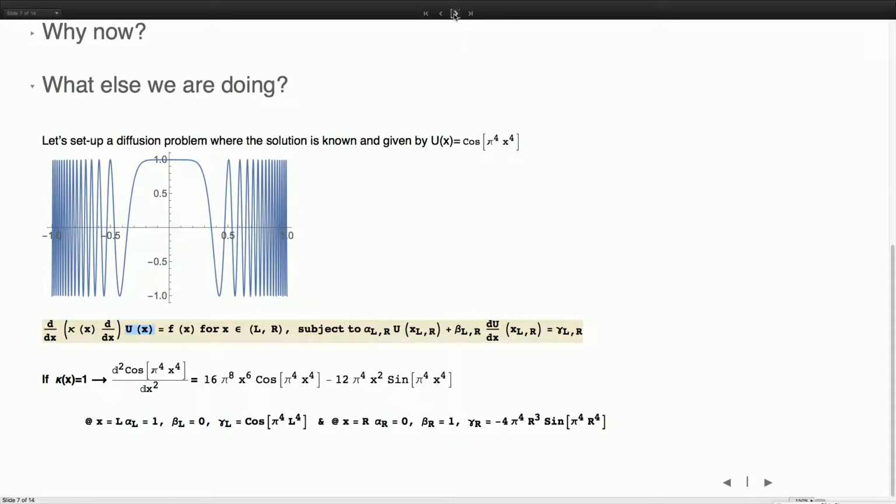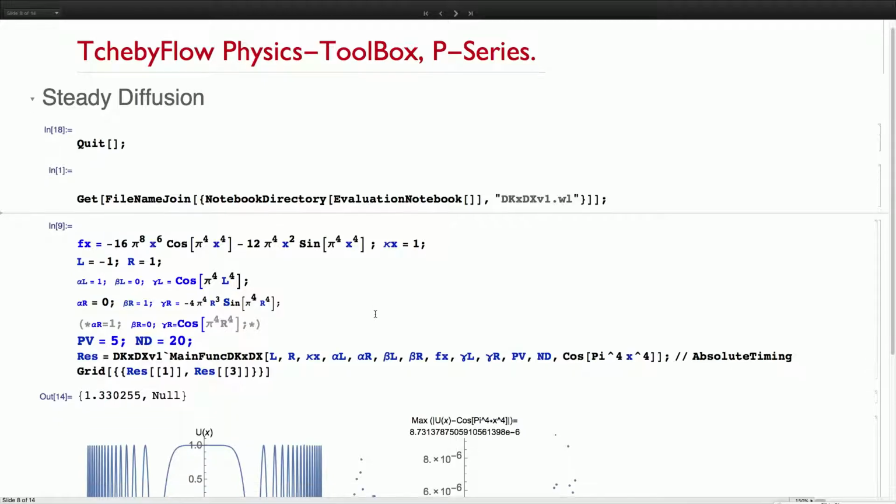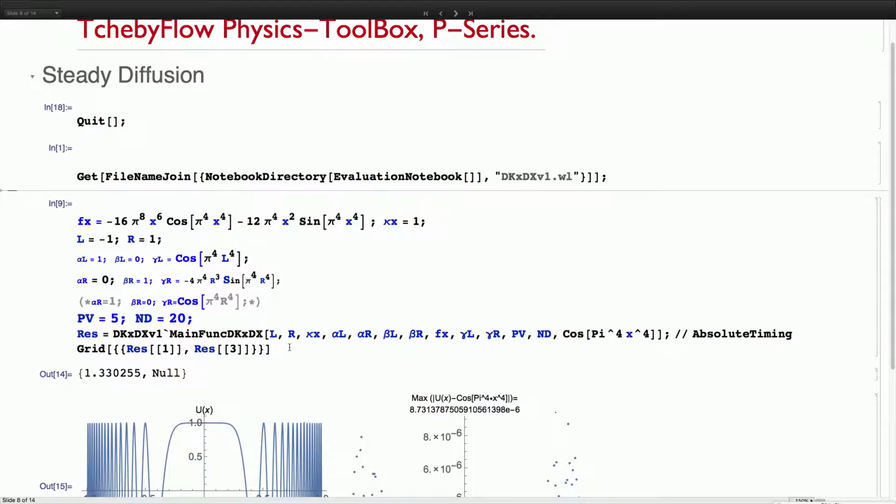And we are going to do first the steady version of it. And again, it's only going to be one parameter to solve the problem, PV. And again, I'm going to give the full control of the accuracy to the user. And I'm just going to compare the final result just to check it.